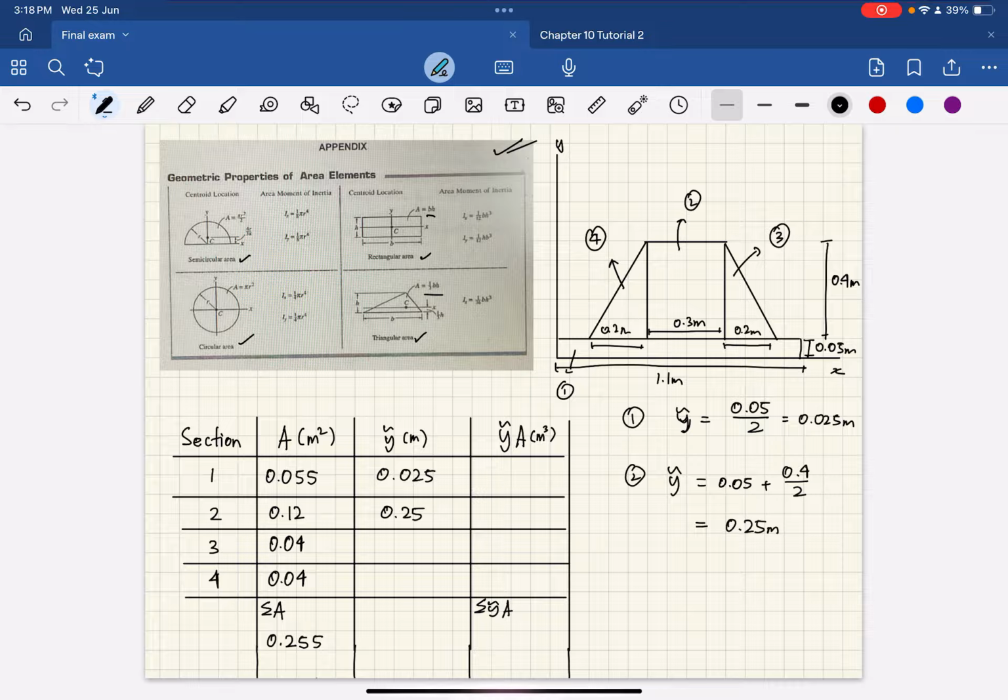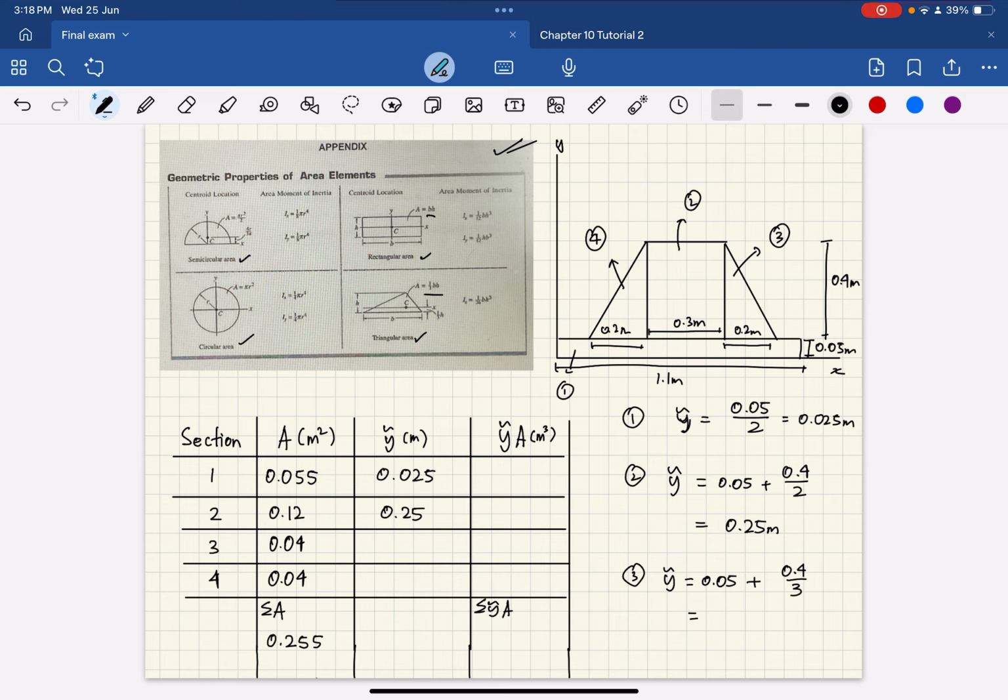How about the triangles? Now the triangles, what's interesting is that the centroid here is just 1/3 the height from this area of the triangle. Okay, so that is for the case of triangle, and you have to add it with the 0.05. Then you can find the y tilde. So in this case, the y tilde is 0.05 plus 0.4 divided by 3.